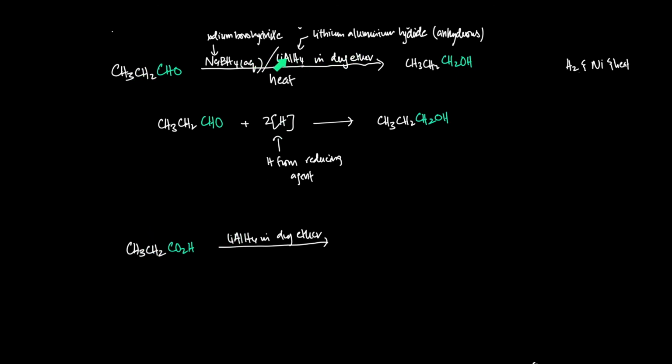Lithium aluminum hydride is actually a stronger reducing agent. Okay, again, it's going to be in dry ether or anhydrous, okay? And again, you're going to heat it. And now what will you end up forming? Again, you're going to end up forming a primary alcohol. You can't go from an acid to an aldehyde.